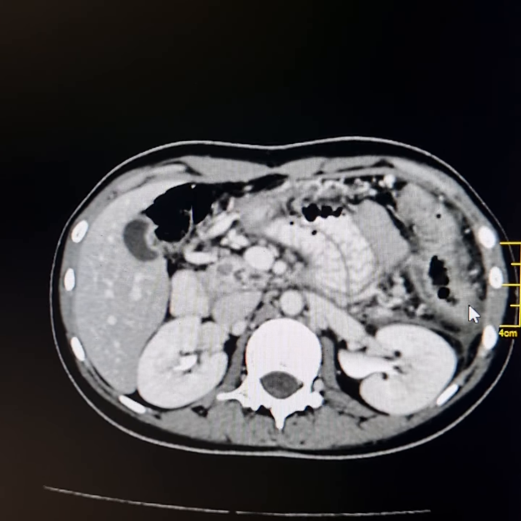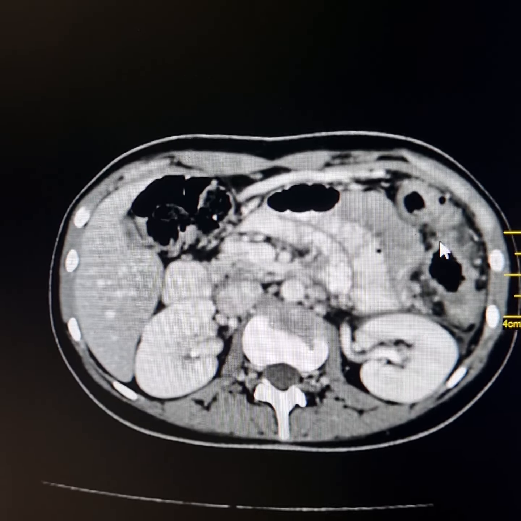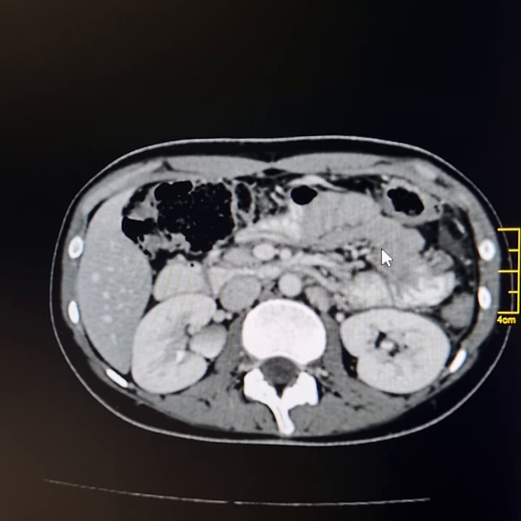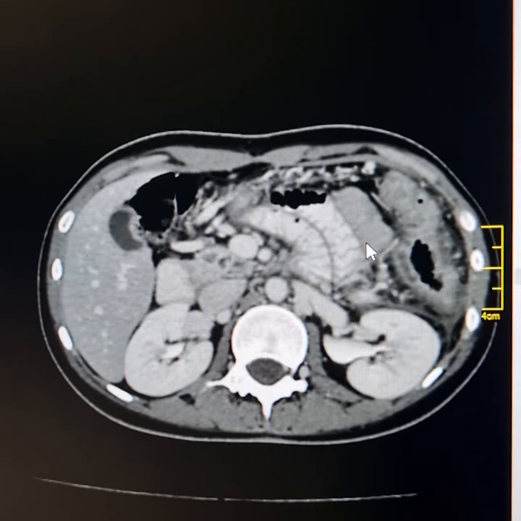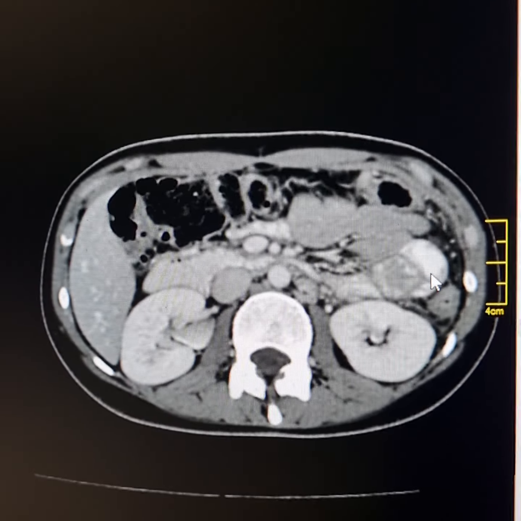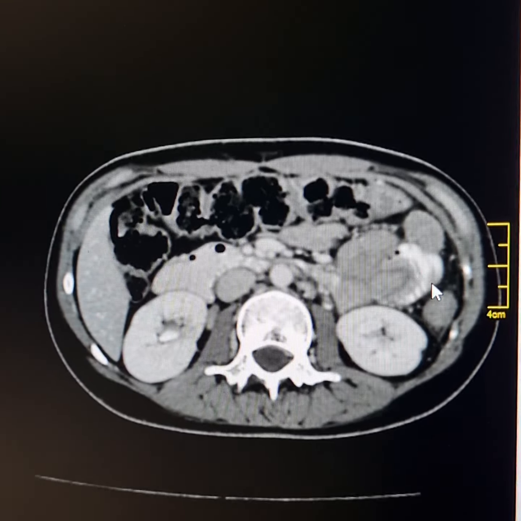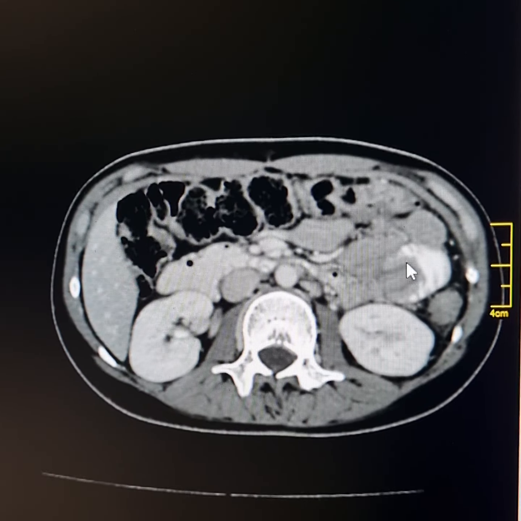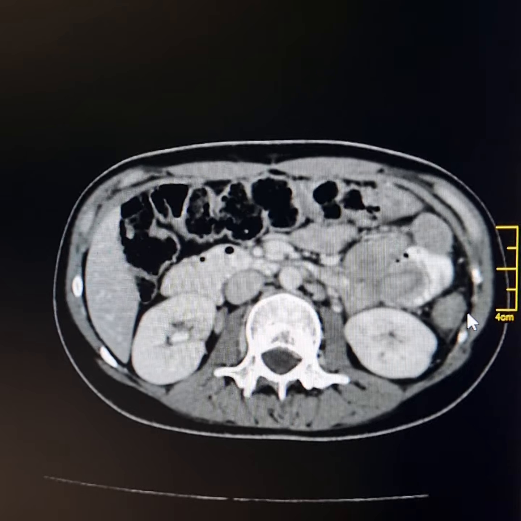This one here. The jejunal valvulae conniventes are also thickened, suggestive of edema. There is a small transient intussusception here, this one here.